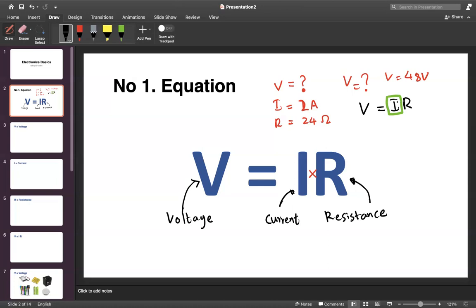So now I need to find the equation for I. Now I want to find what is I. Do you know how to find I here? Let's say I'm not giving voltage, I'm not giving resistance, but do you know how to make this equation in such a way that you can find I?